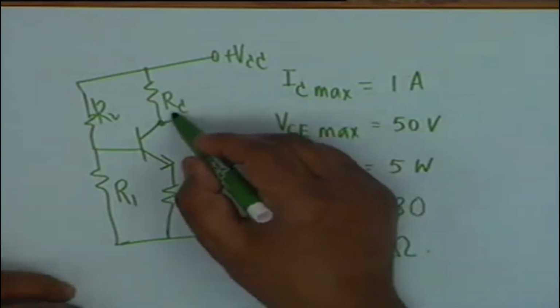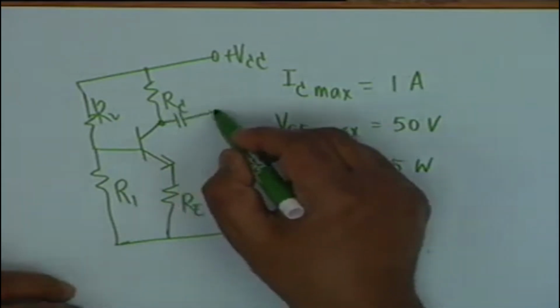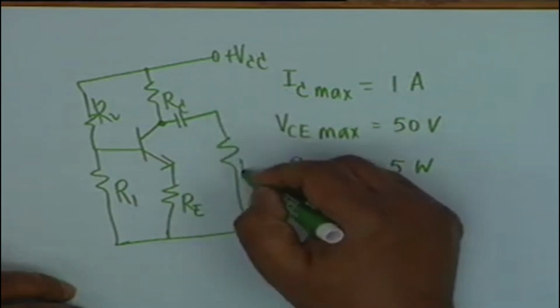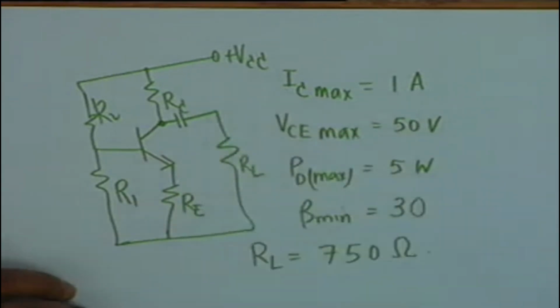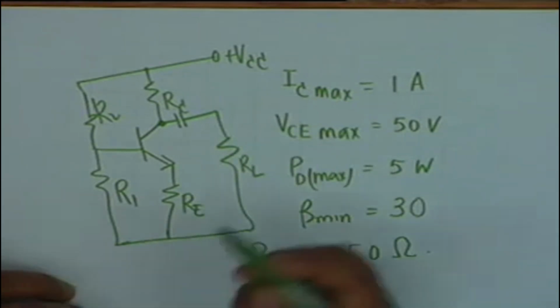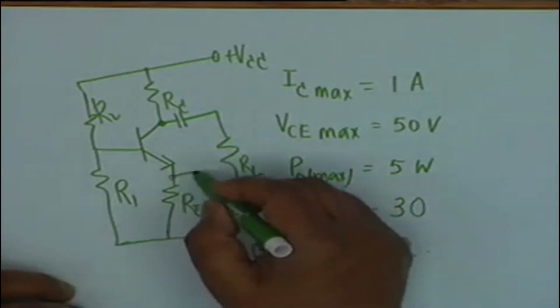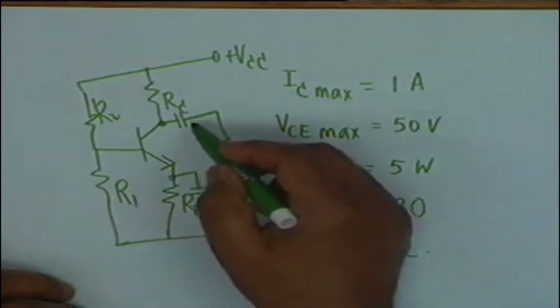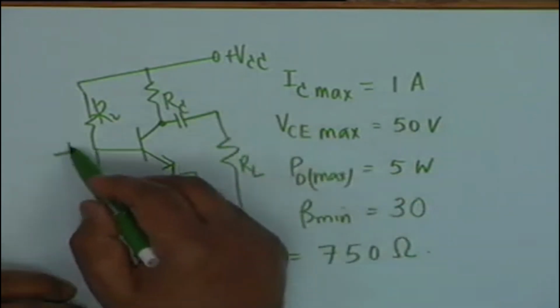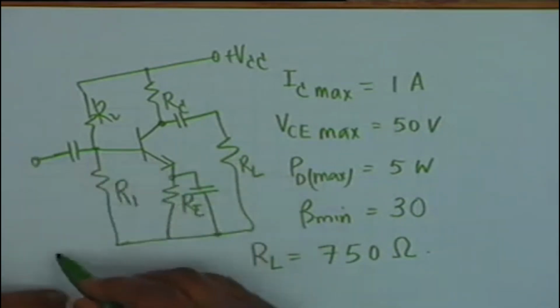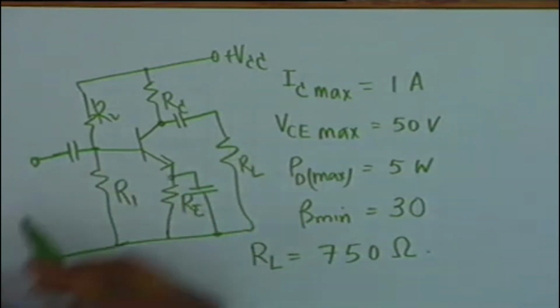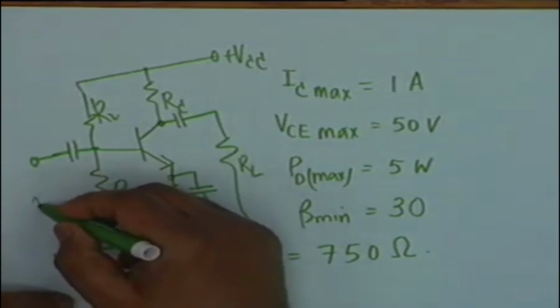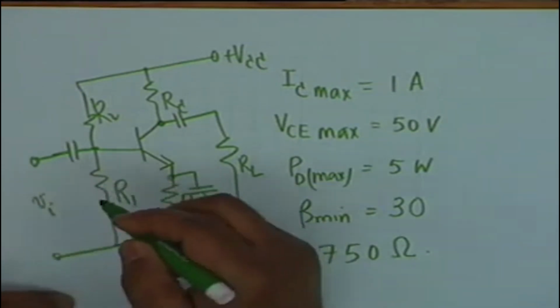In other words, you have to isolate the load by means of a capacitor. So this is the load RL. The DC load, well, this RE is to be bypassed by a capacitor. This is the blocking capacitor, and then the signal is to be applied through another capacitor.